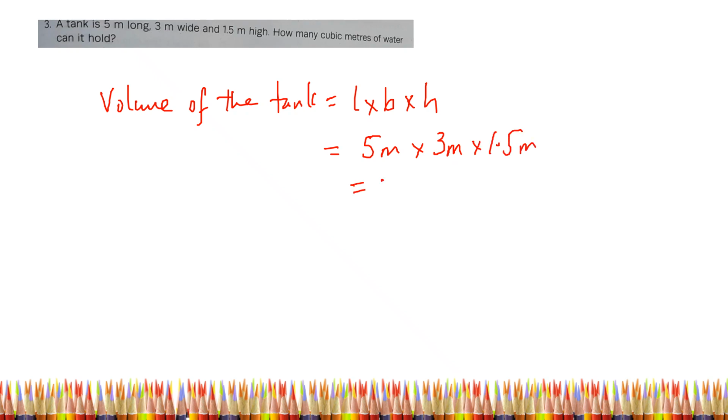Now 5 multiplied by 3 is 15 and 15 multiplied by 1.5 is 22.5, right? It will be in meter cube, the unit. Now we have to say how many cubic meters of water can it hold, and of course we don't need to convert it. You can say that 22.5 meter cube is the capacity of the tank.